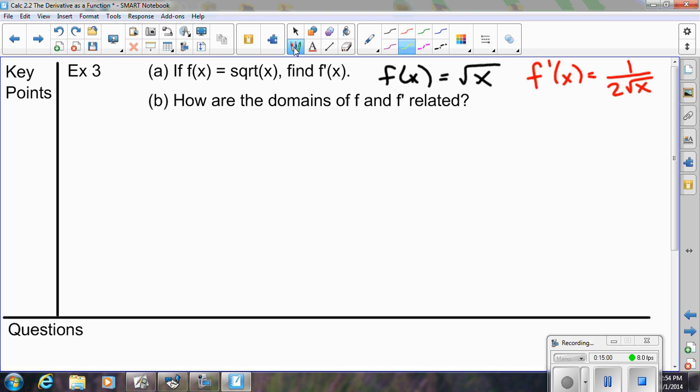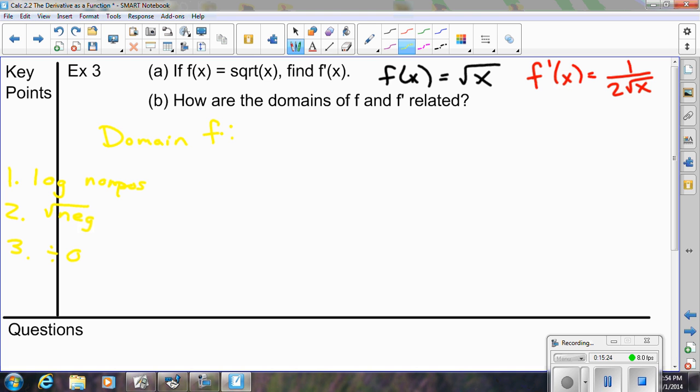If we wanted to look at the domain of function f, we know that there are three things we have to look for. We need to avoid taking a logarithm of a non-positive. We need to avoid taking square roots of negatives. And we need to avoid dividing by 0.